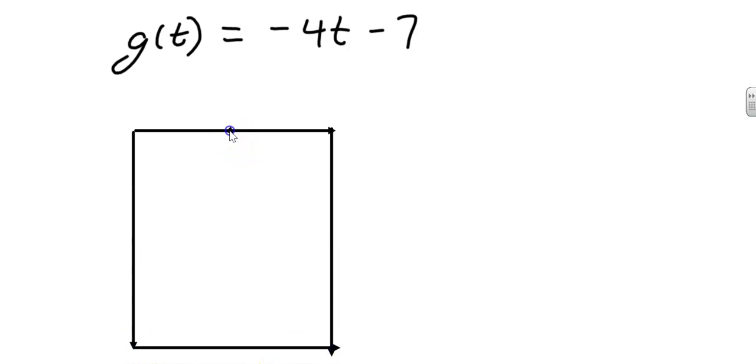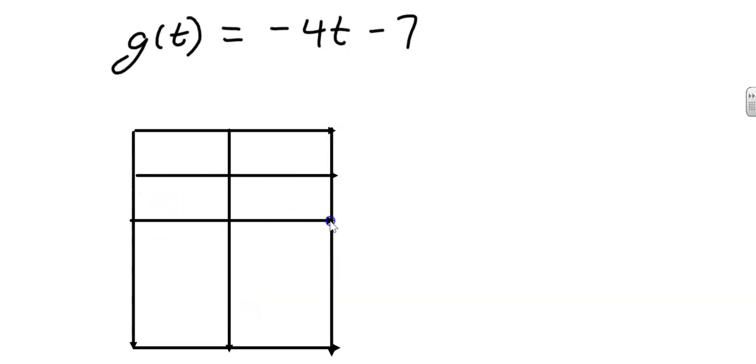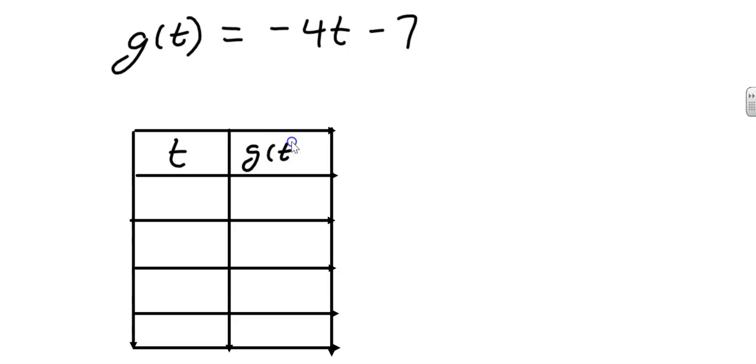And then they'll come back and give you a box that's here. They'll say, here's your t value, and here's g of t over here. They'll give you something like negative 3, 0, 2, and 4, and they're going to leave this blank for the g of t.